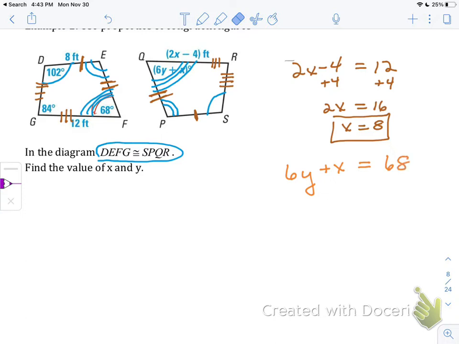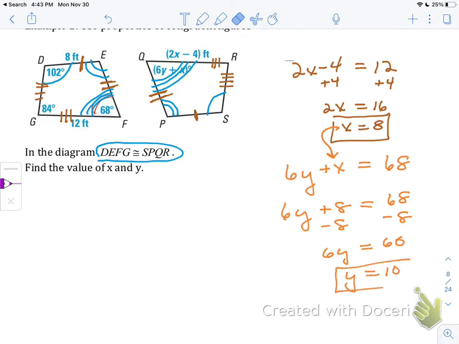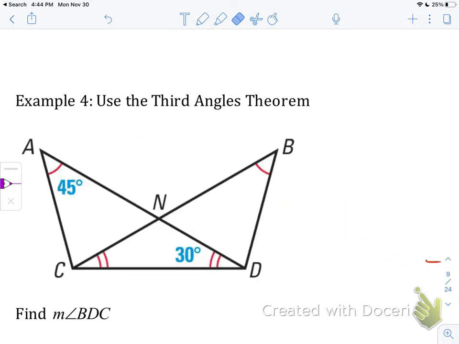Now, I already know that 8 is my x. So that's going to help me because I can only identify one variable if I have one equation. So I end up with 6y equals 60 or y equals 10, and I am set. Okay, let's go to the next page.